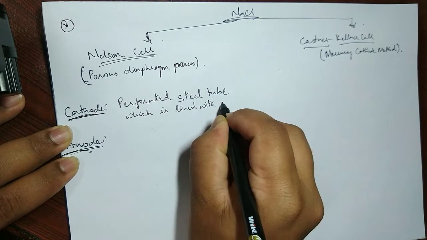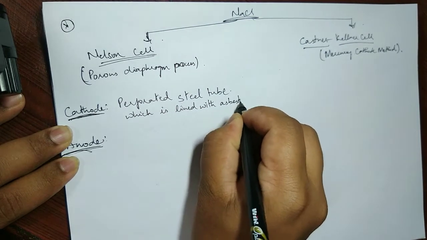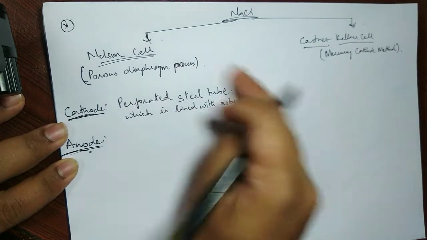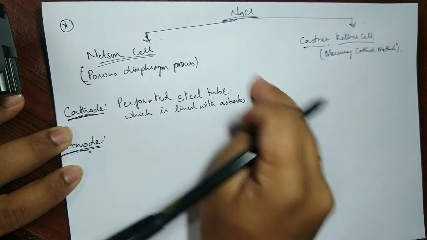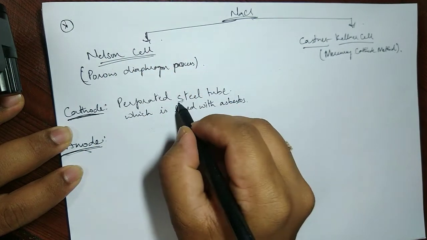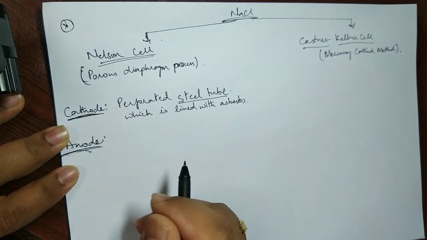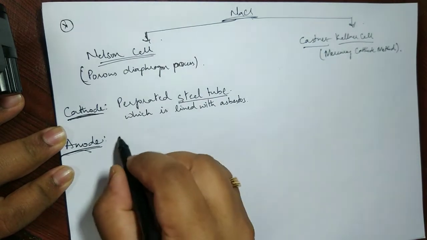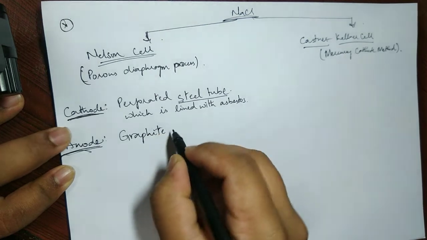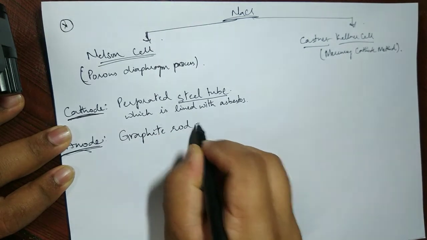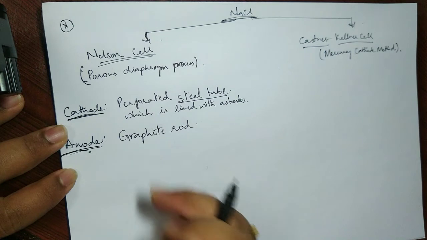In fact, exactly speaking, this entire steel tube is acting as our cathode. And for the anode, a graphite rod. Graphite rod is the best anode, the perfect way to be used as anode.